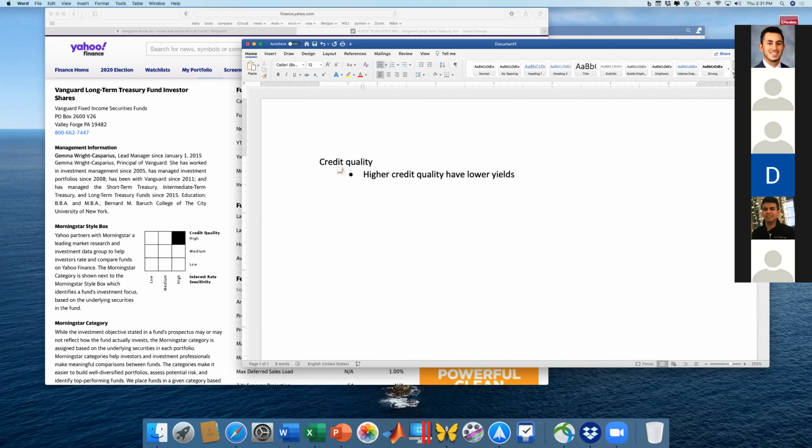The higher the credit quality means the probability of default is less, as well as the cost of the default when it happens. So this is high credit quality, and the credit quality ranges from treasury notes, which don't have default risk, to AAA bonds, which have a default risk but very low, to AA bonds, which have higher default risk and will have higher yield. The other one is interest rate sensitivity.